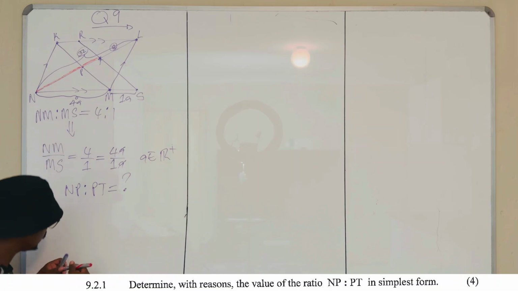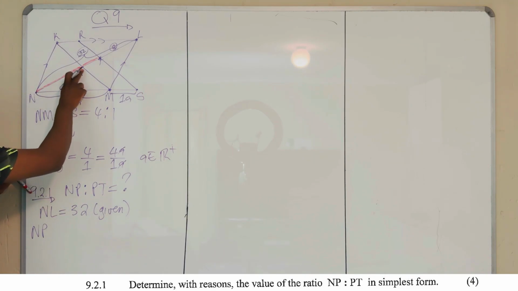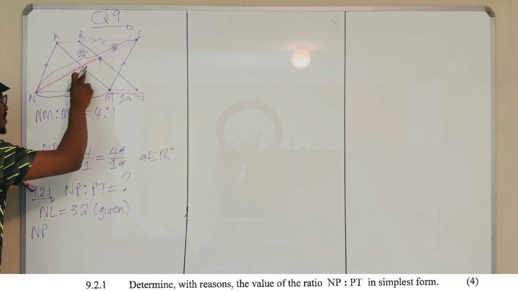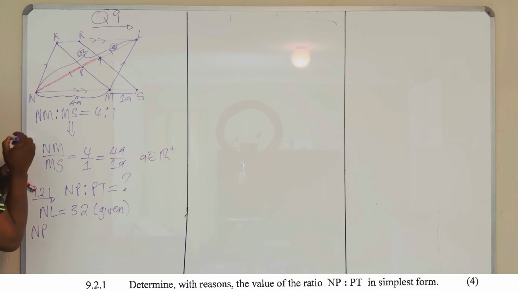So we know that the length of NL is equal to 32 units. This was given information, right? So we know that NP, the distance from N to the midpoint P, is equal to PL, because the diagonals of a parallelogram meet at the midpoint.